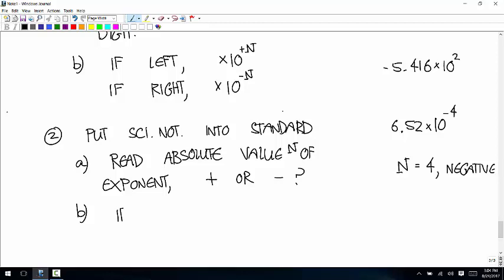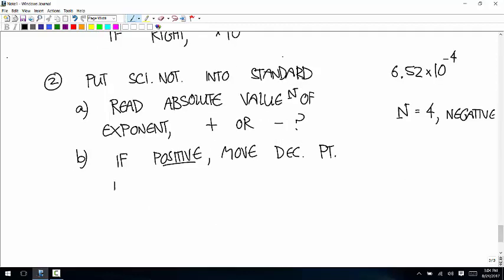And now if it's positive, move the decimal point n places to the right.